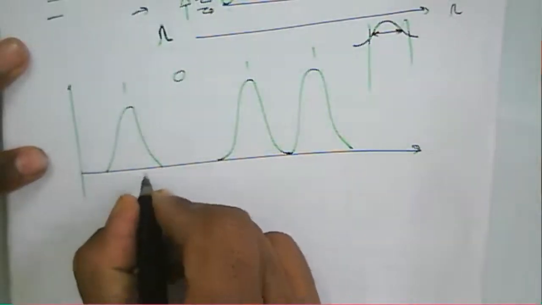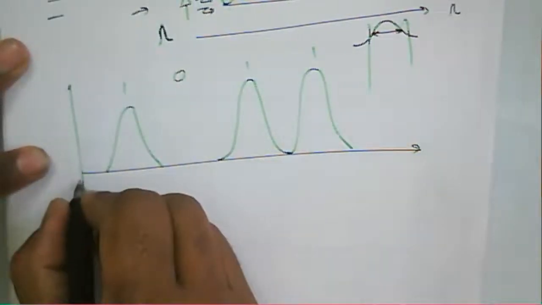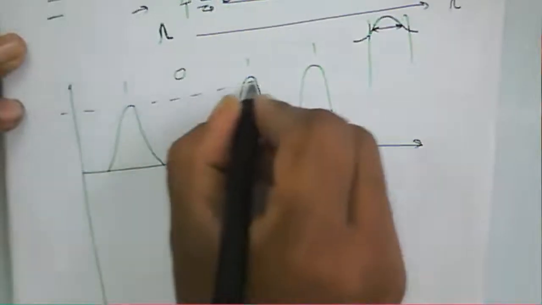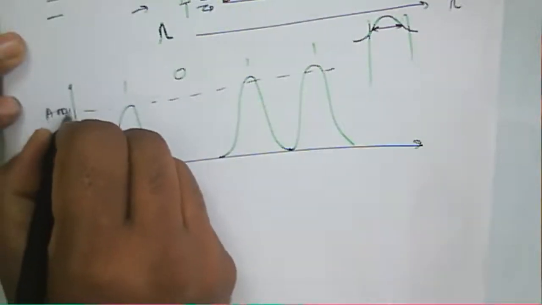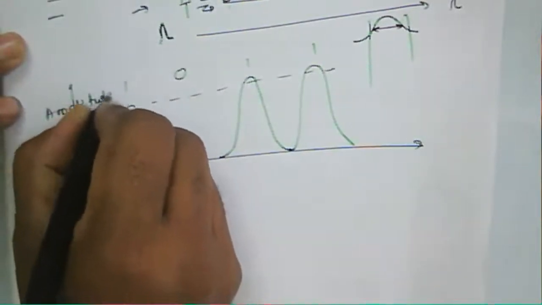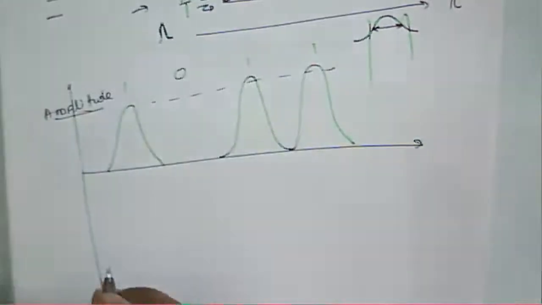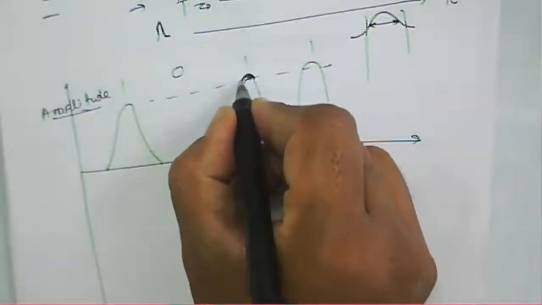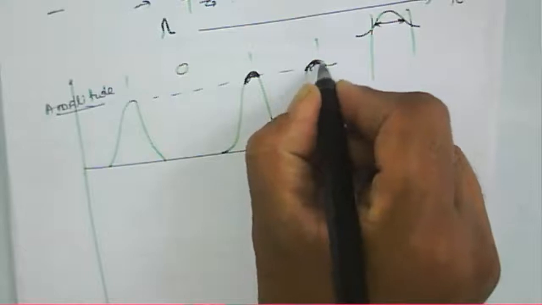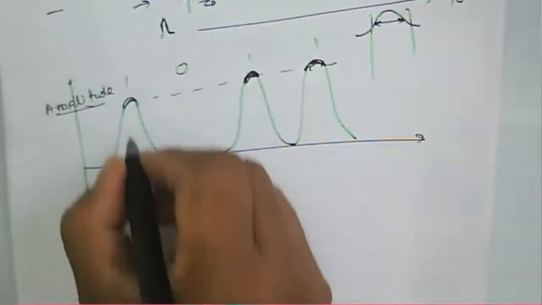These are the pulses 1011, and this is the amplitude of your pulse. It is constant for the given pulse, because I just drew it here. So this is the amplitude of your signal, and it is constant throughout.